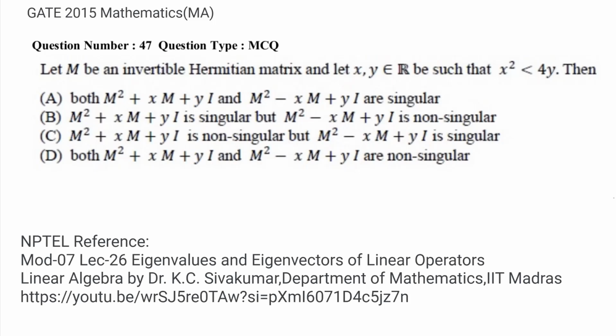So the only hypothesis is that M is an invertible Hermitian matrix, and for x and y in real numbers with the condition x square is less than 4y, which one is singular among these two matrices, and which one is non-singular.